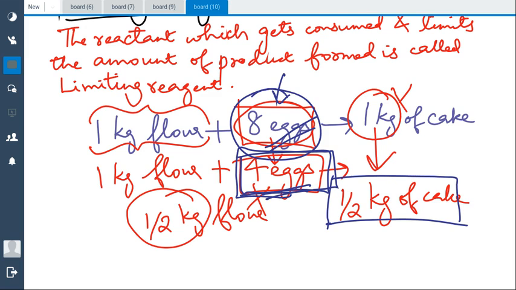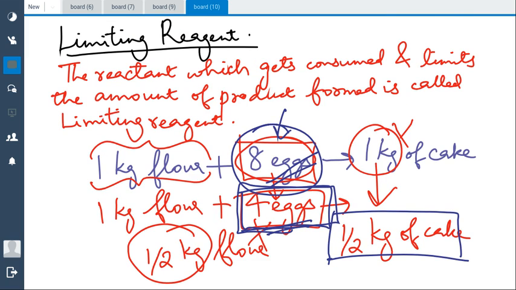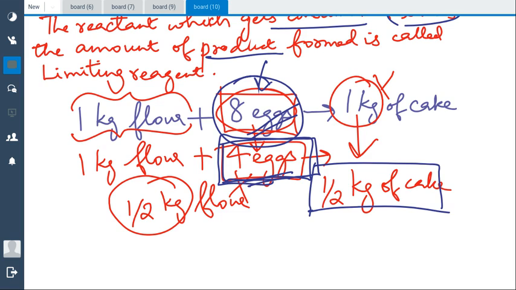See the definition once again. The reactant which gets consumed and limits the amount of product formed is called limiting reagent. In this particular reaction, because of the lack of eggs, we could only bake half kg of cake.